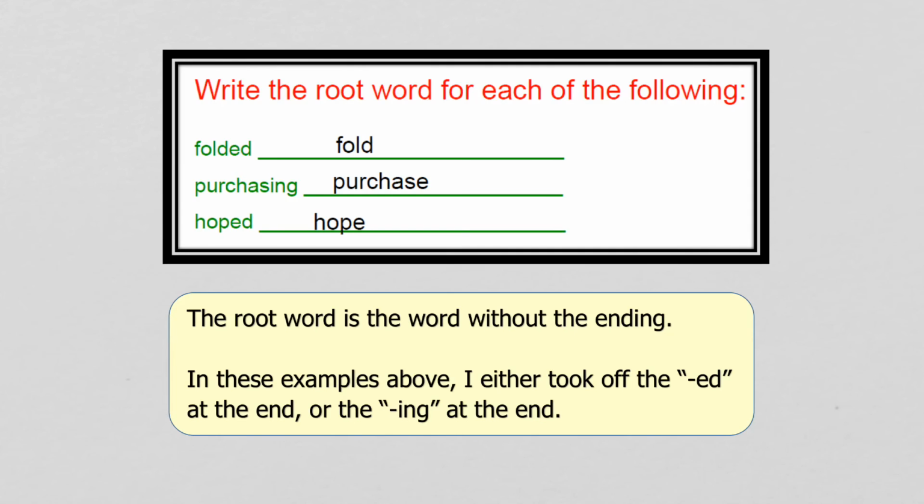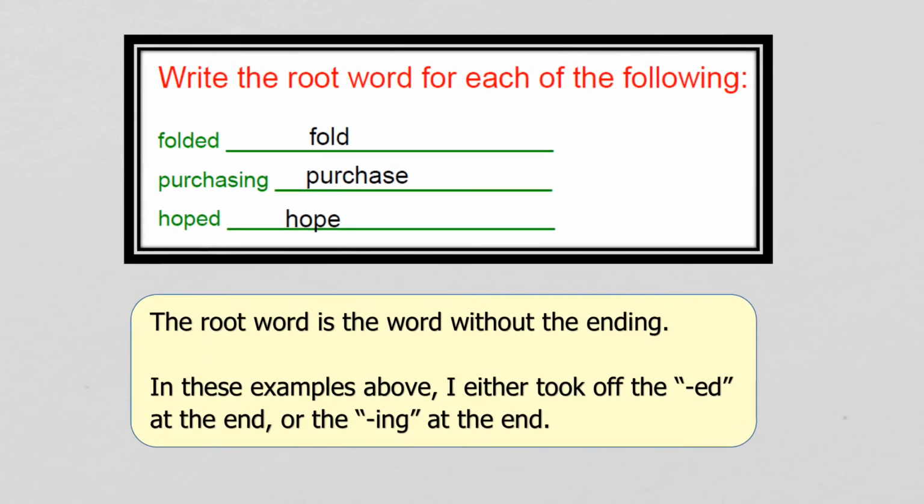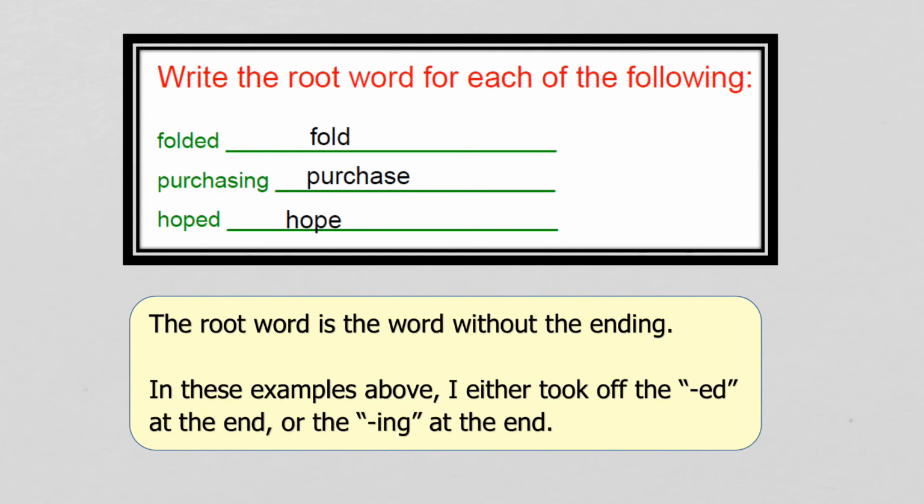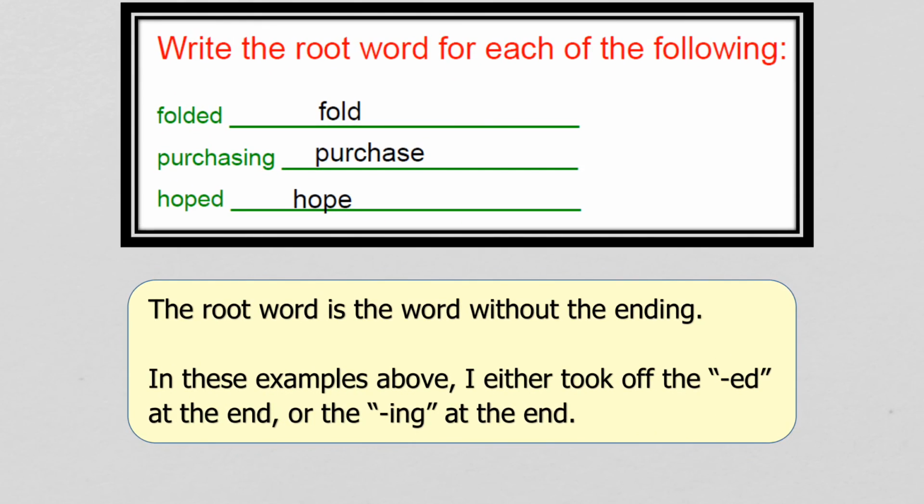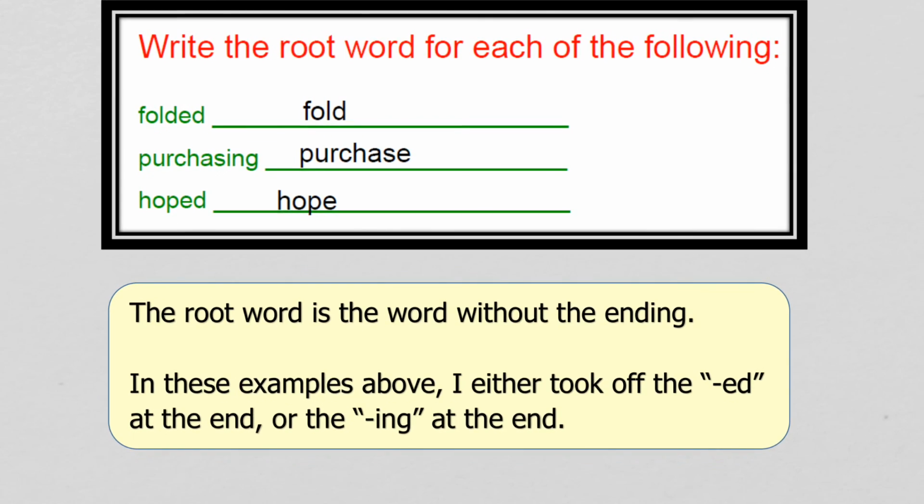And hope is another example of a root word that ends in E. So just to finish off with a few more quick examples of writing the root word. So we could start with folded, F-O-L-D-E-D, and end up with the root word fold. So that's the word without a suffix, right? That's what the root word is, F-O-L-D. Or we could start off with purchasing and end up with purchase, I mentioned purchase already, right?